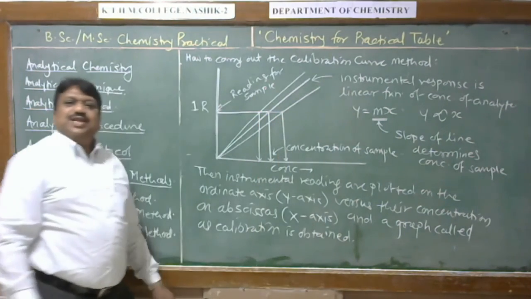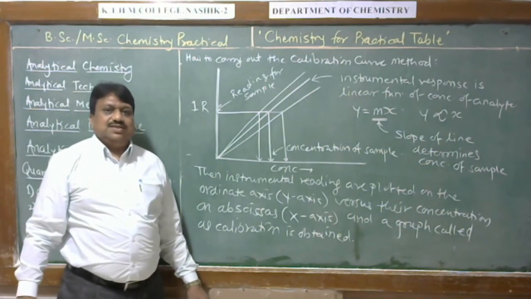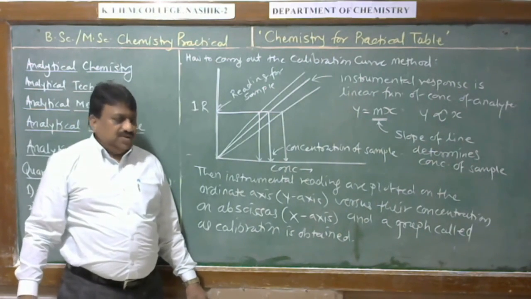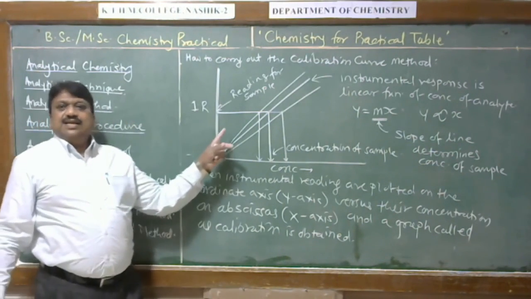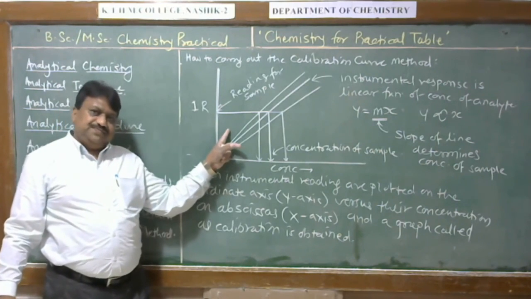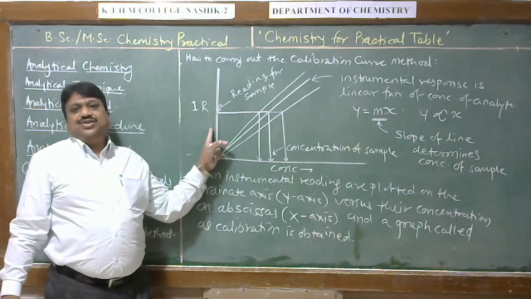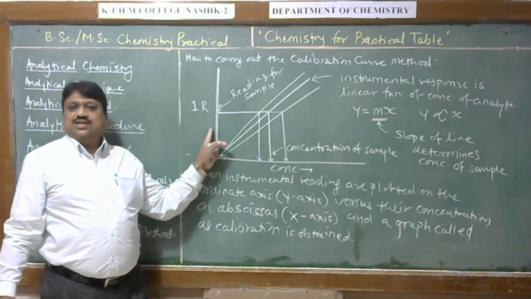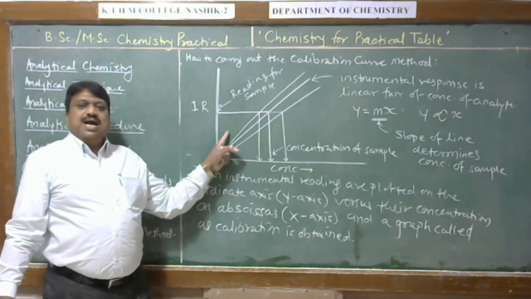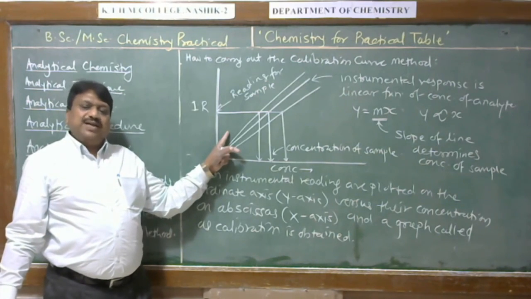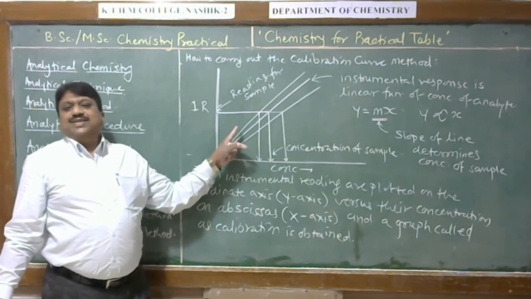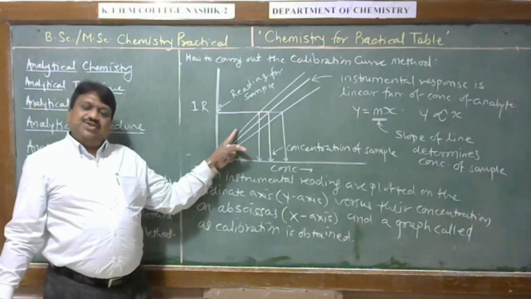That means slope of the line directly determines the concentration of sample. Student, this is a calibration curve method. In forthcoming lecture, we discuss the application of calibration curve method in analysis of different types of sample, as well as how to find out the concentration of a sample by using the calibration curve method.